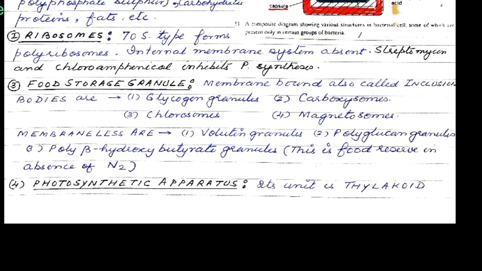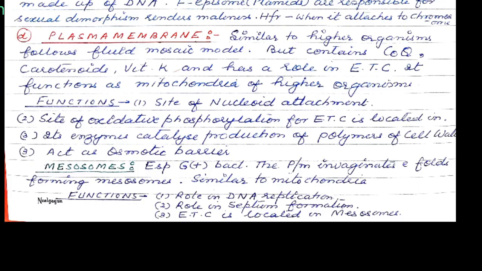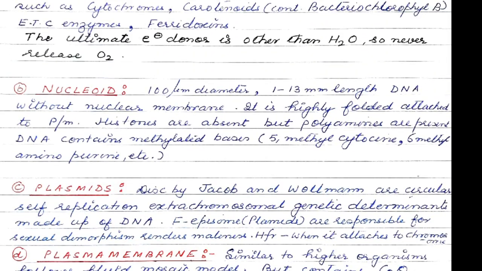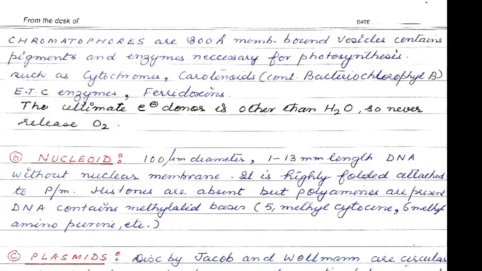Photosynthesis is done by thylakoids, and we have chromatophores, which contain membrane bound vesicles, which contain the photosynthetic enzymes such as cytochromes, carotenoids, and also their chlorophyll, which is called bacteriochlorophyll, and the enzymes of etc.